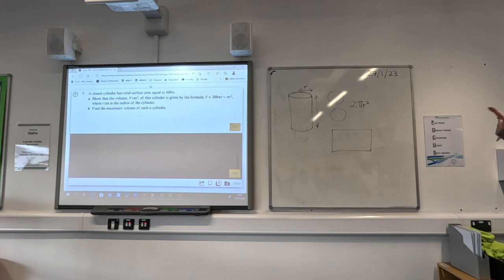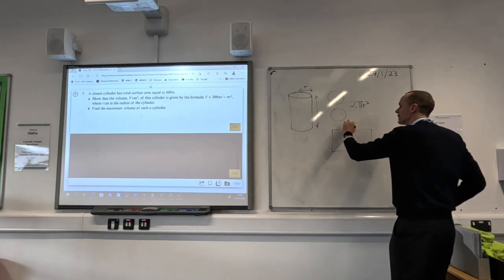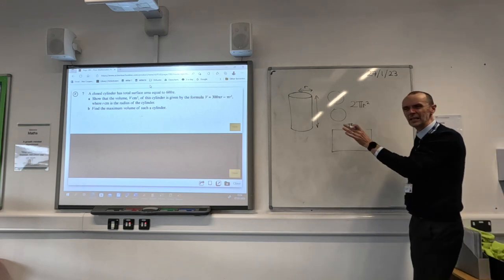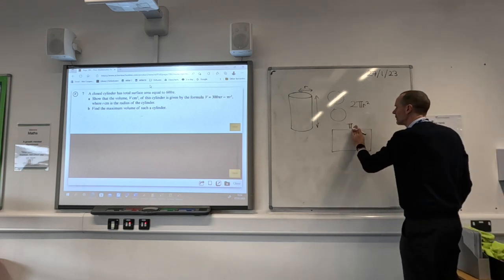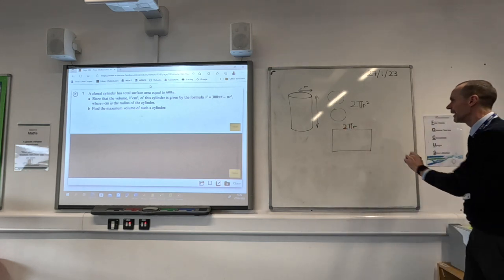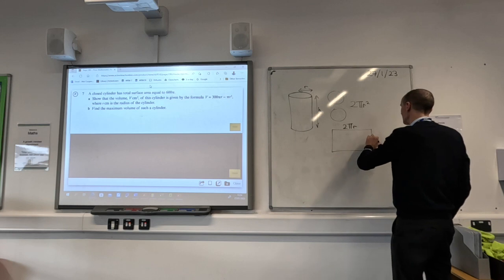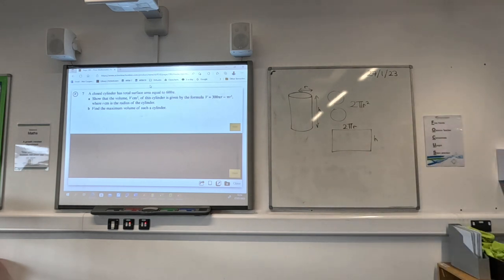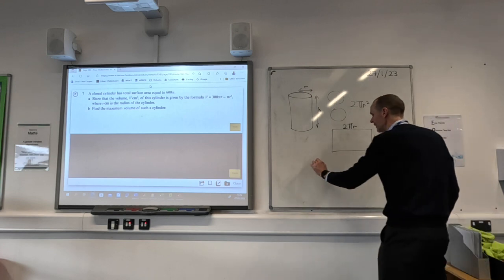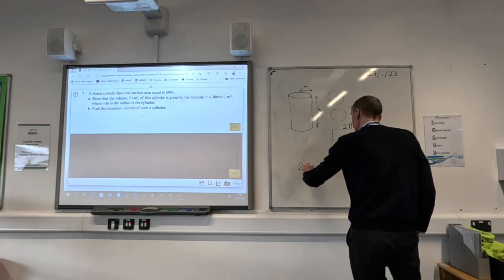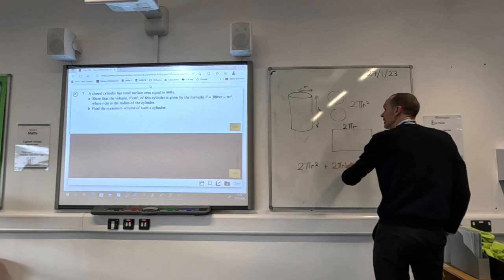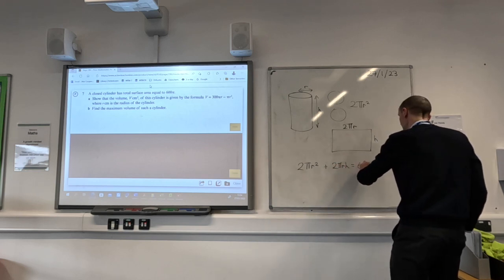Yeah, it goes all the way around the circle. So it's the circumference, which is pi times the diameter, but we're only dealing with radius here, so I'm going to write that as pi times 2r. And if we're calling that the height, so what I've got is my surface area is 2 lots of the circle, 2 pi r squared plus 2 pi rh, and that equals 600 pi.